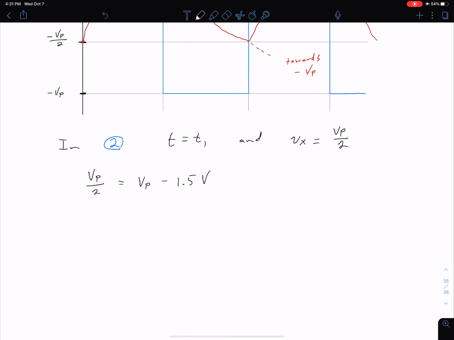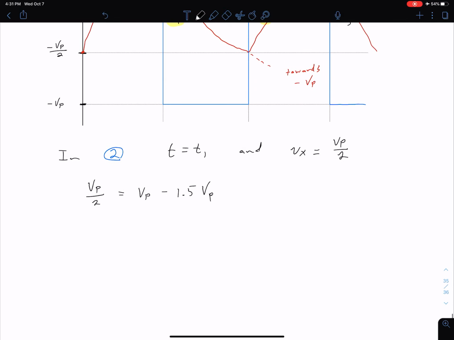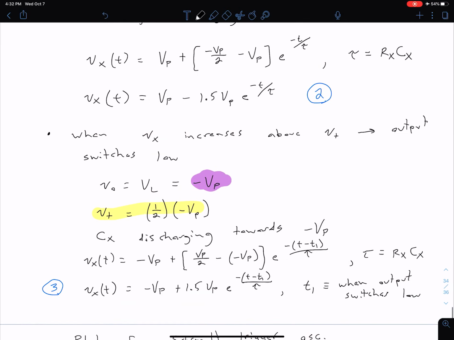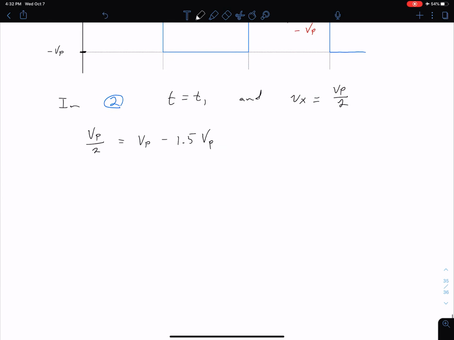It looks like I've left out a Vp in the notes, but that should have a Vp as well. Times e to the minus t1 over tau. And so what that reduces to then, our Vp's are going to cancel out, and we'll have 1/3 equals e to the minus t1 over tau.